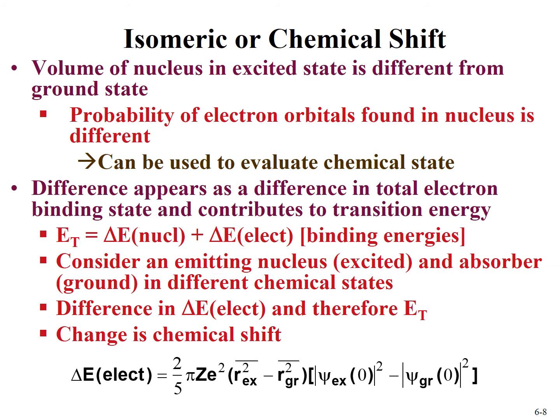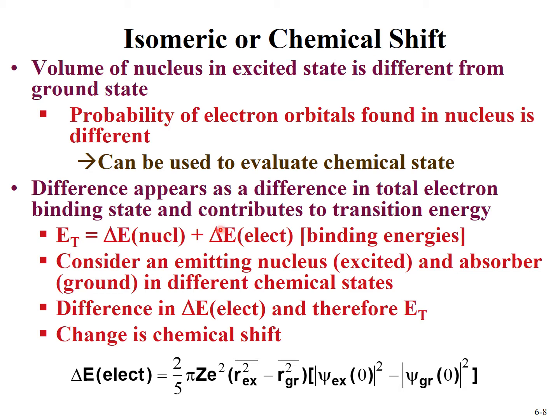Something else that is unique and important for Moessbauer spectroscopy is the fact that you're using a nuclear interaction to probe a chemical state. This is because there is a probability of orbital electrons being found in the nucleus. This energy can be broken into a nuclear and a binding energy component.